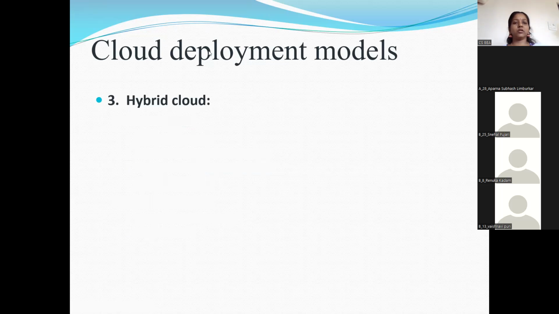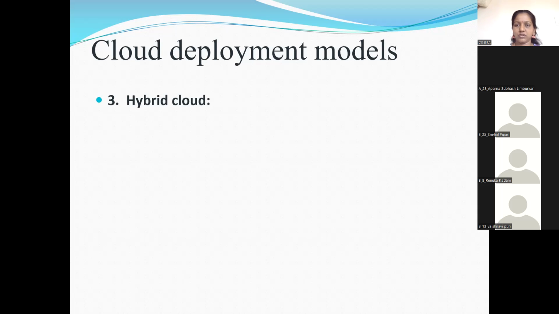If no, we will go for the third model, that is hybrid cloud. By bringing the public and private worlds together with a layer of proprietary software, hybrid cloud gives the best of both these worlds.